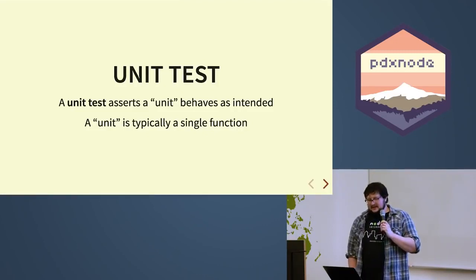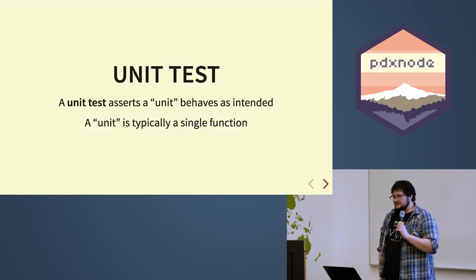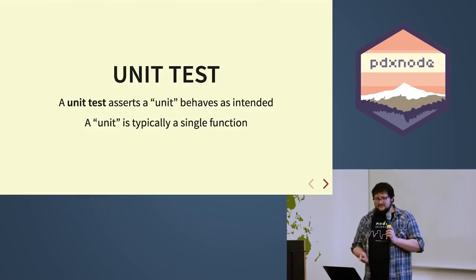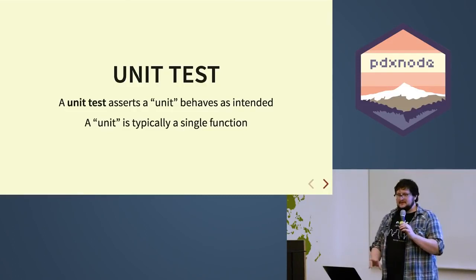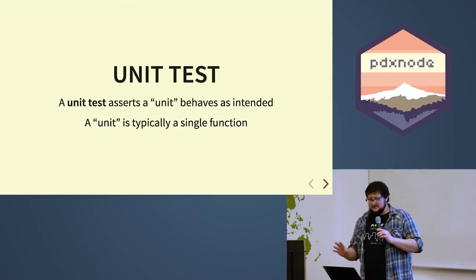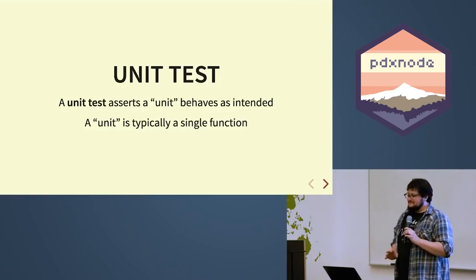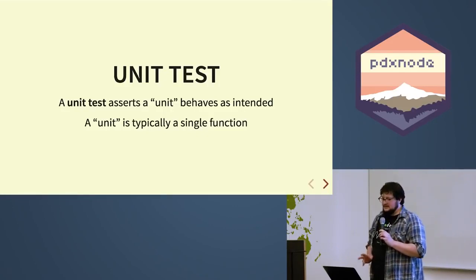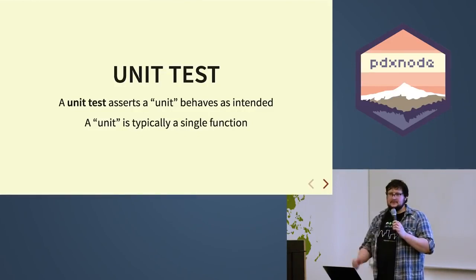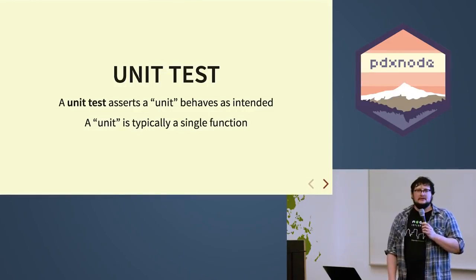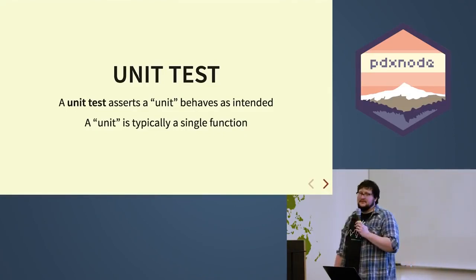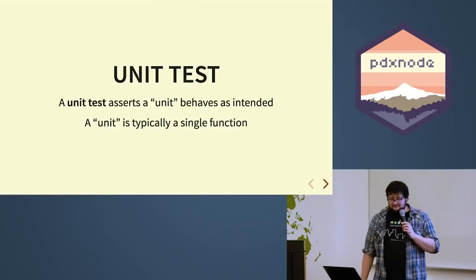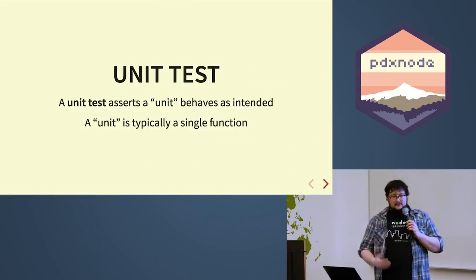A unit test then has two responsibilities. One, it executes the unit, which I may refer to as the unit under test or code under test. The unit test then makes an assertion about whatever it just did. In the case of a function that returns something, say you have a function that adds two numbers, that is your unit.